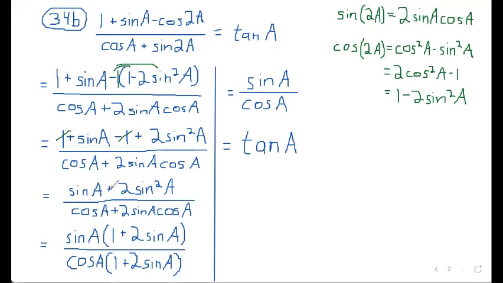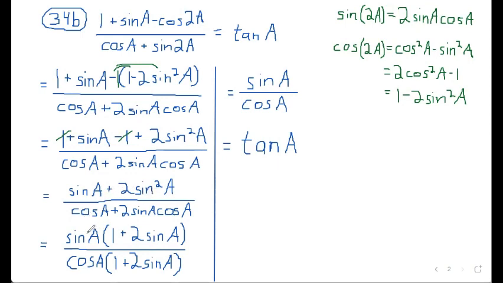From here, since we're dealing with a sine in this particular term and a sine in this particular term, we can factor out a sine of A. So we put sine of A on the outside of the parentheses, and on the inside of the parentheses, we just have to put what we need to multiply to get back to the original.